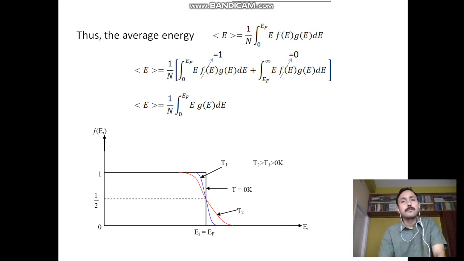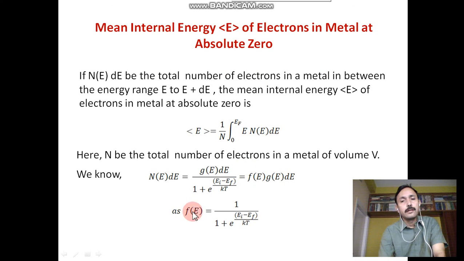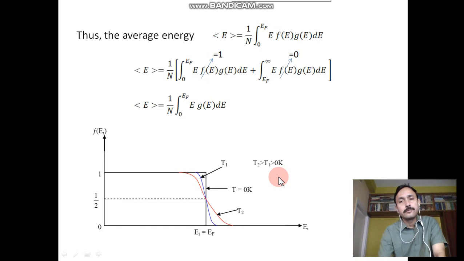Thus the average energy E becomes, as per our formula, we are changing dN as F(E)g(E)dE, so 1 by N integration 0 to EF E F(E)g(E)dE. Now from this diagram we know that from 0 to EF, F(E) is equal to 1, and outside this, from EF to infinity, F(E) becomes 0.